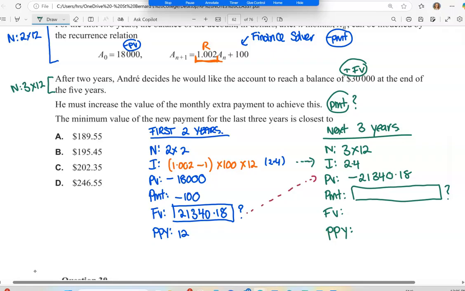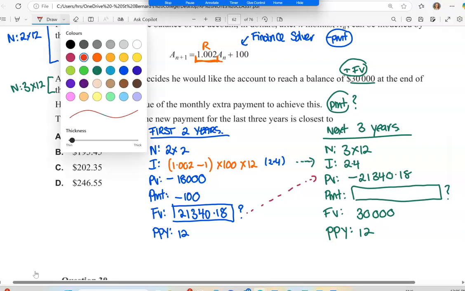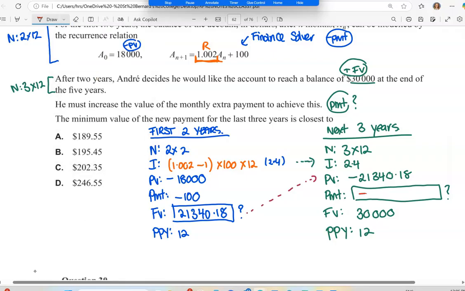So I'll pop that in. Now, FV, we got told up there, he wants it to be 30,000 at the end of the 5 years. So we want to know, what does he need to change his payment to? And if you type in all of that, you get 189.55. So we end up with A.